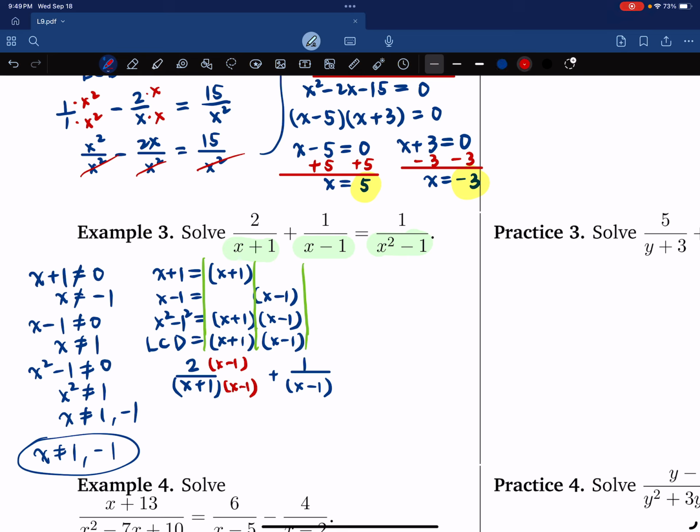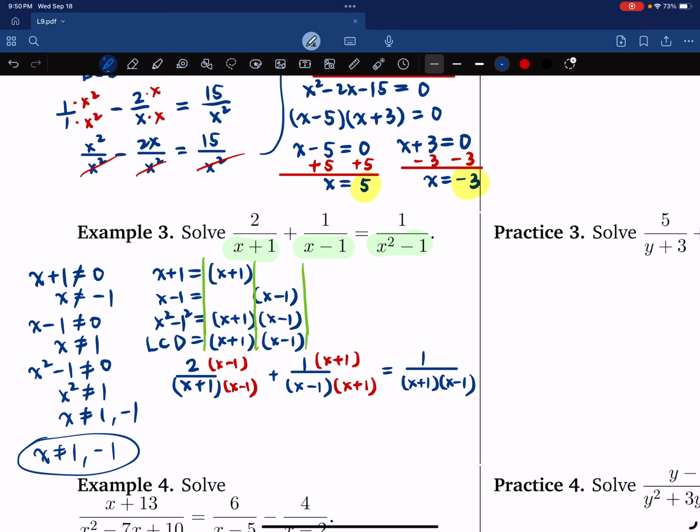This expression is missing x plus 1, so I multiply both the top and the bottom by x plus 1. Equals 1 over, this denominator x squared minus 1 is our LCD, so we don't need to do any transformation, but I'm going to rewrite this using the factor form.